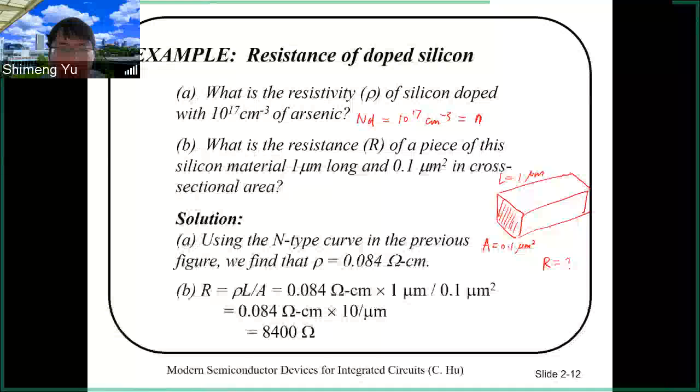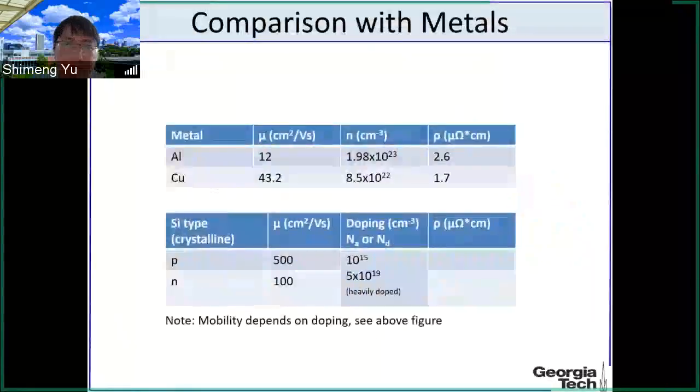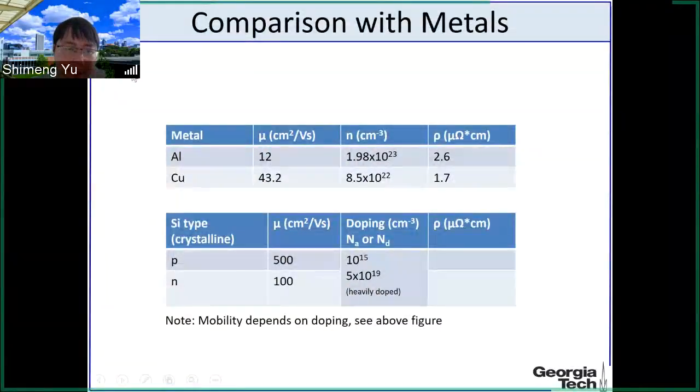Alright, so let's compare the doped silicon with the metals. This table is from lecture 2. We talked about aluminum and copper, and we have their mobility and electron density, and then we have the resistivity.